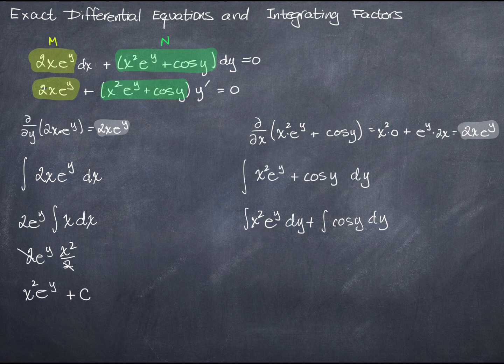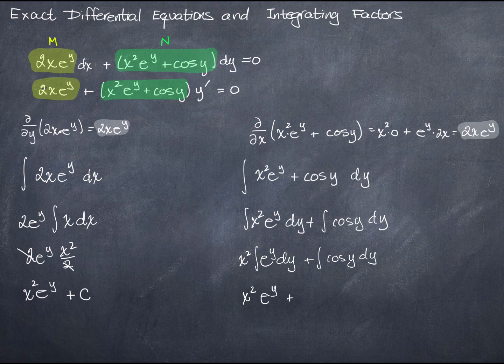But I certainly don't need to, because in terms of y, x is a constant. So x squared is a constant. So I can write this as x squared times the integral of e to the y dy, plus the integral of cosine y dy.